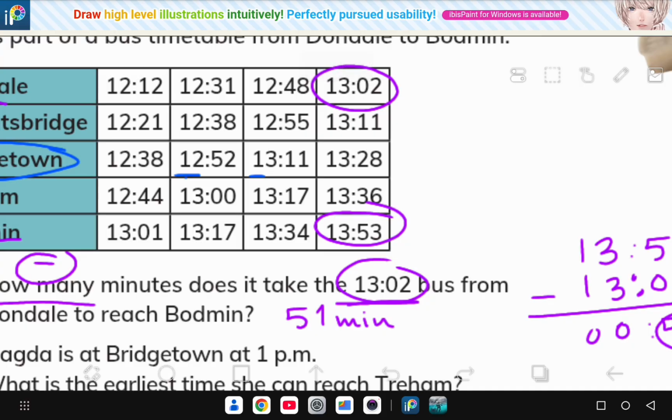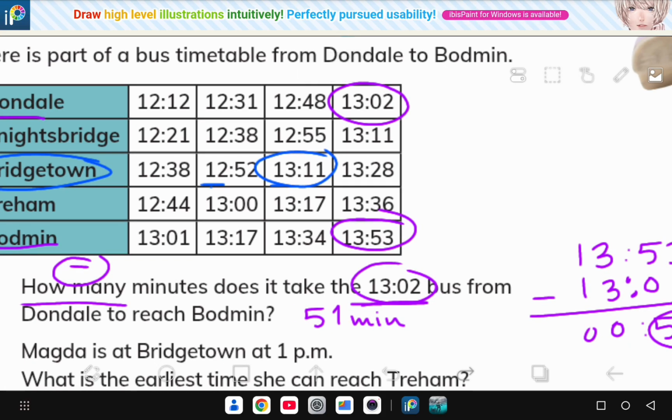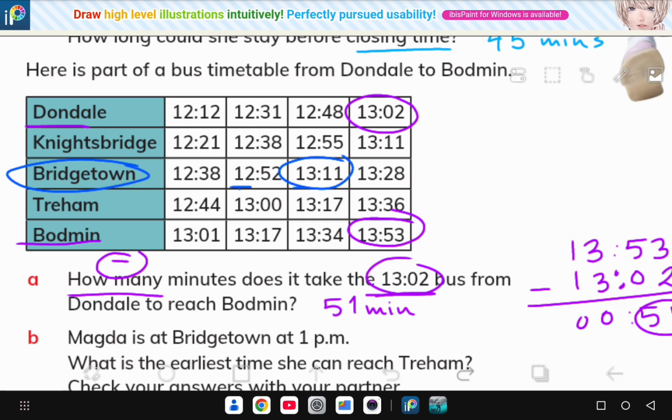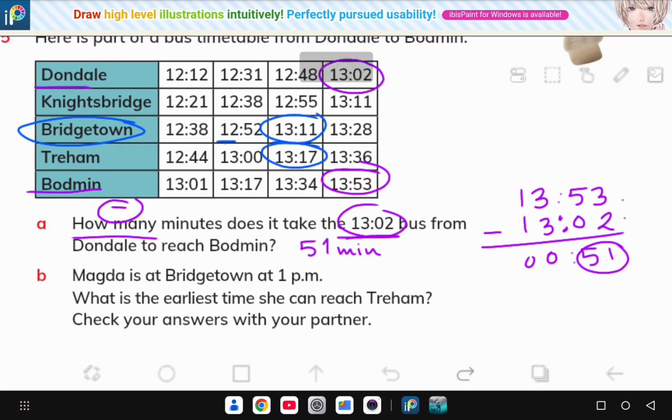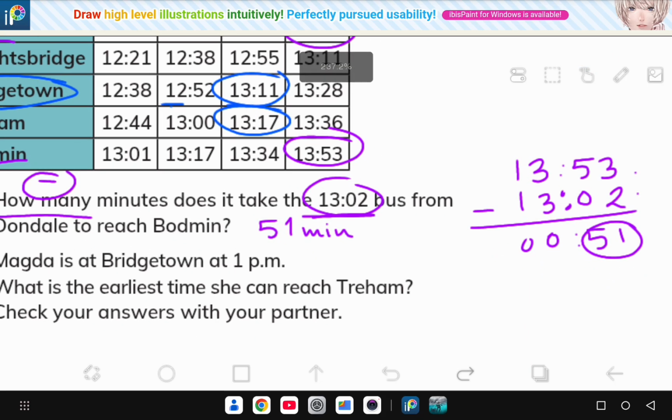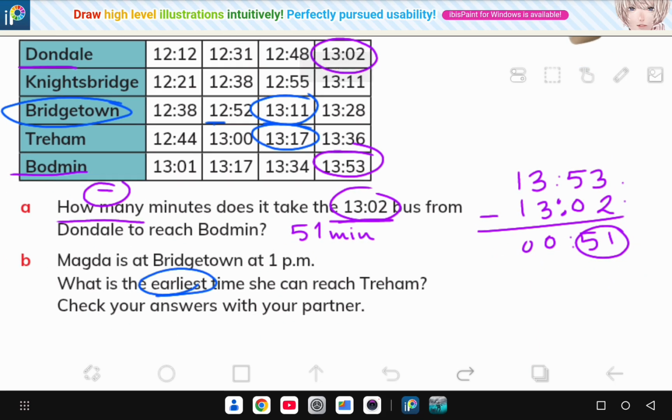She's there at 1. This is her time. The bus from Bridgetown is going to Treeham and it's going to arrive at 13:17. So the earliest time she's going to arrive is 13:17.